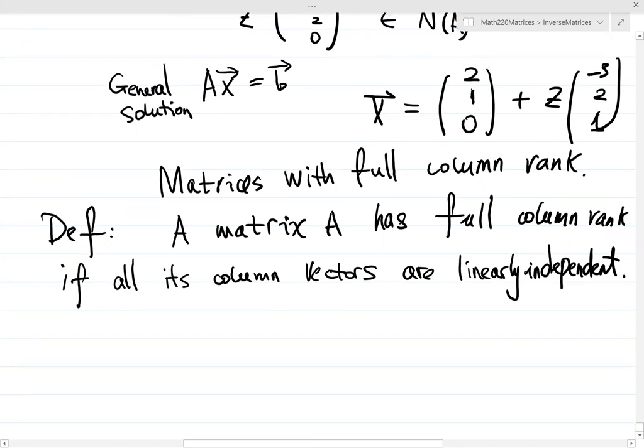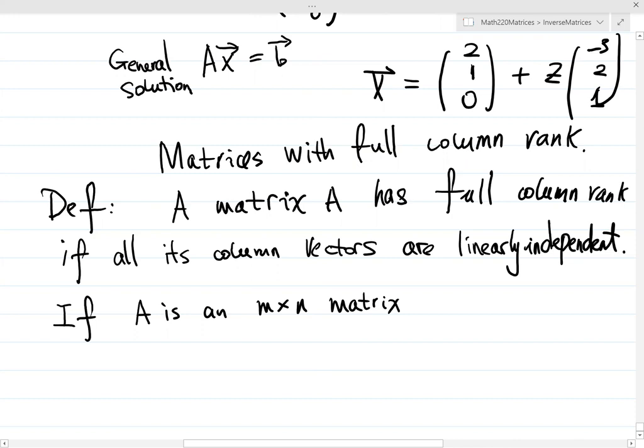Now remember the rank of a matrix. We have column rank, so we can determine the rank by columns. We can also determine the rank of a matrix using row vectors. If A is an m by n matrix, it has m rows and n columns.